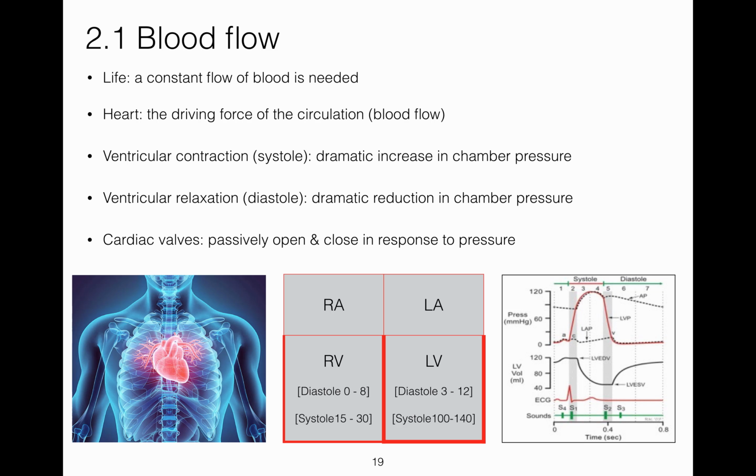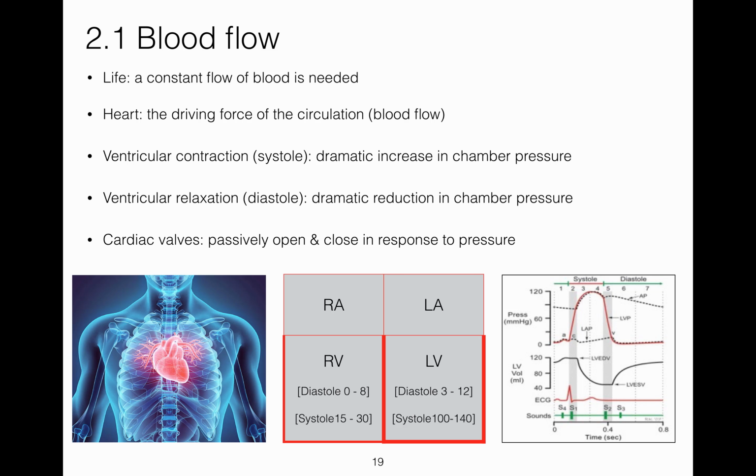Blood flow. To support life, blood must flow continuously throughout the body. The driving force for the circulation of blood is the heart. When myocytes within the heart's ventricular walls contract in systole, a sudden and dramatic increase in intraventricular pressure occurs.